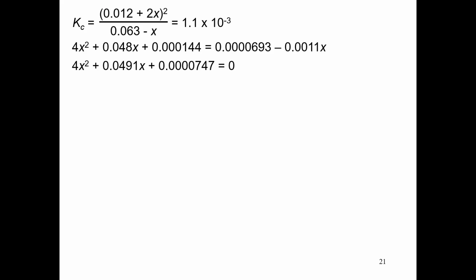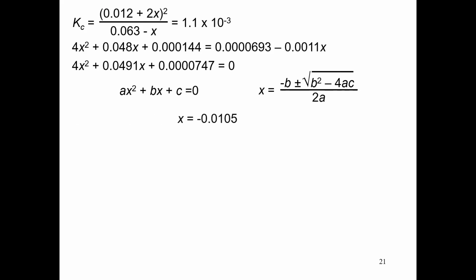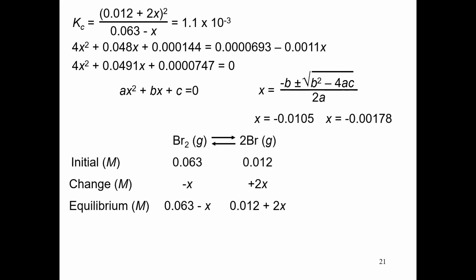You put the things in a quadratic, ax squared plus bx plus c. You then use the quadratic equation to solve it. And you get x equals 0.0105. Both of those are the values of x.